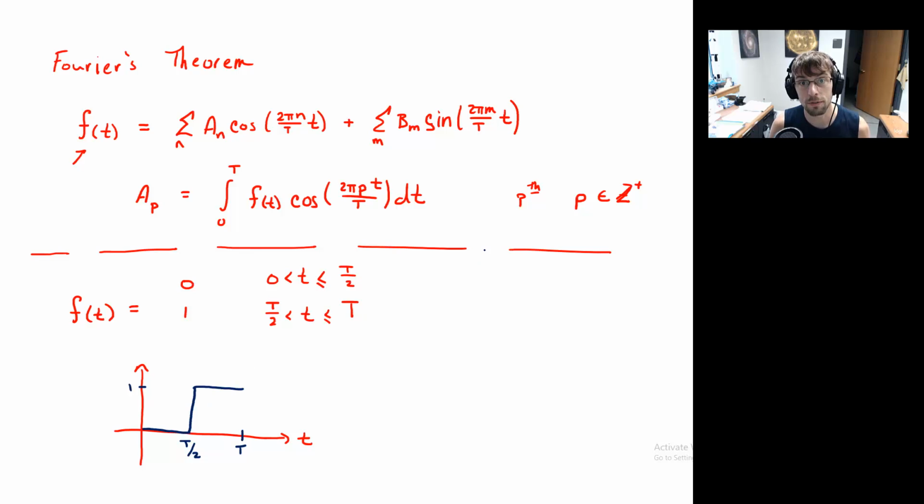So although I do not define it for any value of time greater than big T, because this needs to be a periodic function, you could think that at time equals T, it's going to drop back down to 0 for a little while longer, until 3T over 2. Then it'll jump back up to 1. Then it'll keep going. So we're just going to treat it on that small range, but we'll see that when we're done, it could repeat indefinitely. Ready for it? Okay, let's get at it.